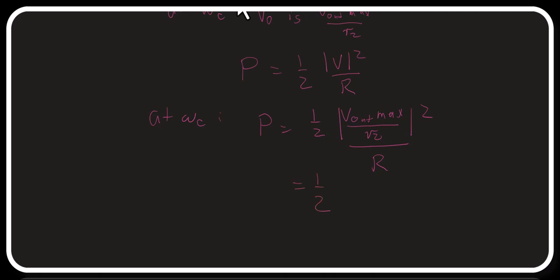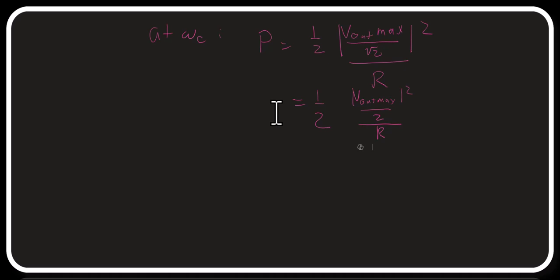This is 1/2 v out max squared over 2, all over R, or 1/2 times 1/2 v out max squared over R. This would be our maximum power.